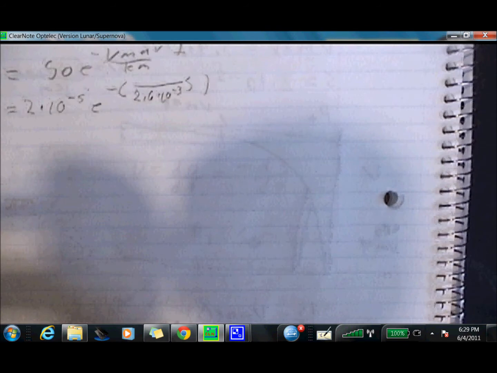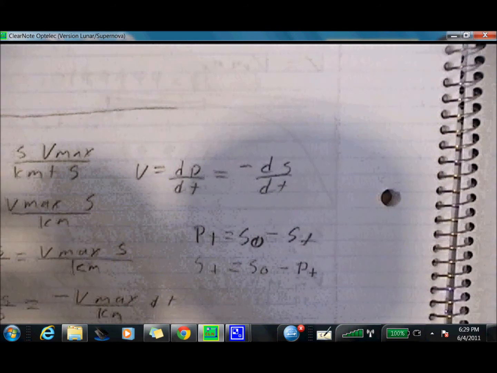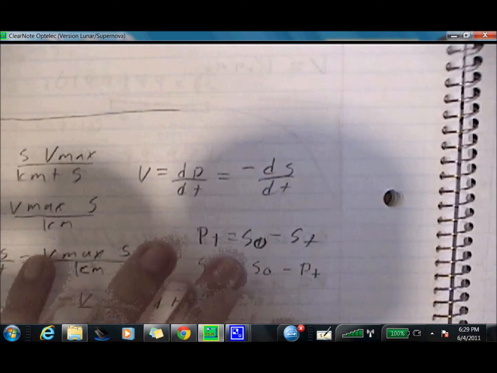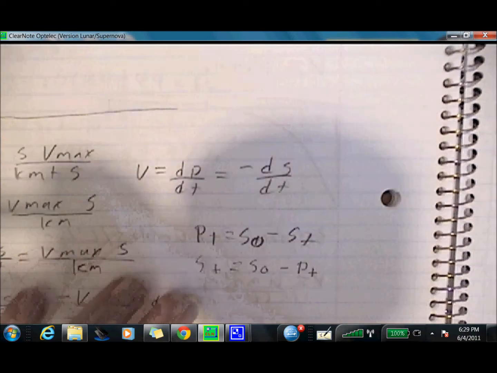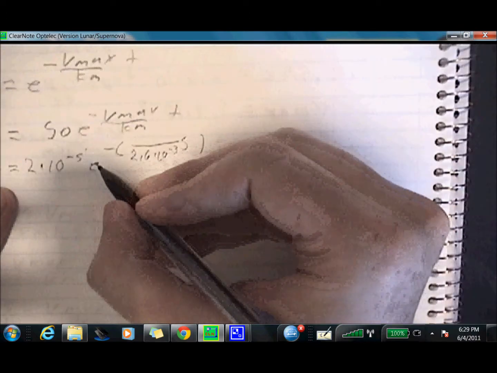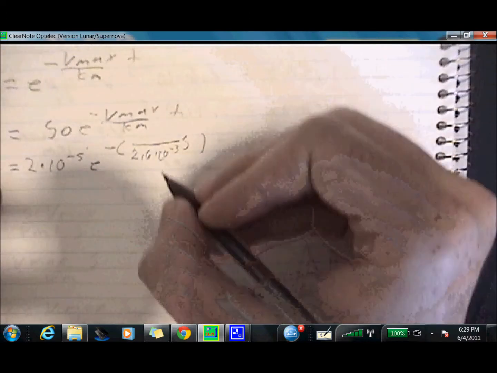And our Vmax was found to be the velocity, which is 5.9 times 10 to the negative fifth. Sorry, it's kind of hard for me to see what I'm writing.